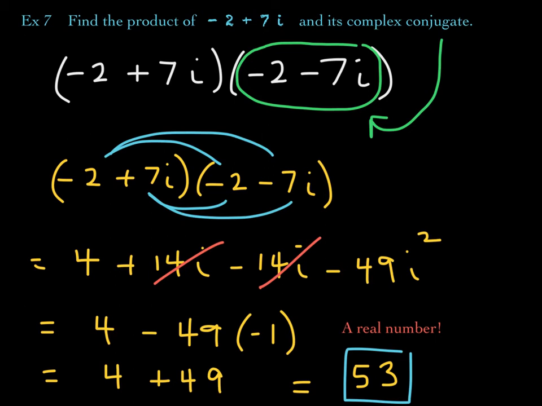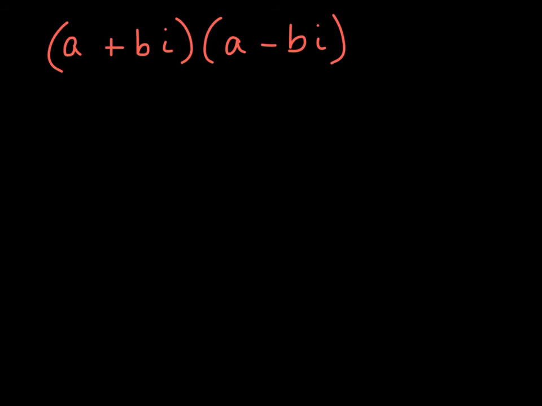This will always happen. The product of any complex number and its complex conjugate will always be just a real number. These imaginary parts will always cancel. To prove what I just said, I just took any complex number, a plus bi, and I'm multiplying it by its complex conjugate. Now, these just represent any complex number, okay?